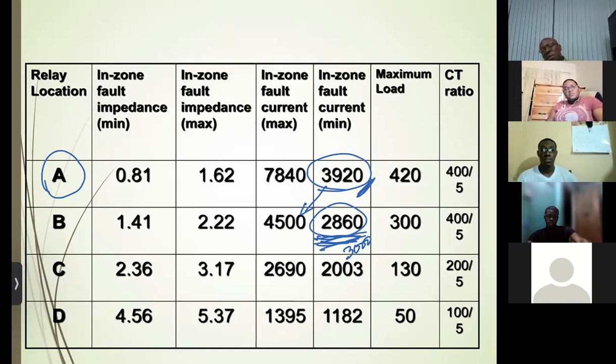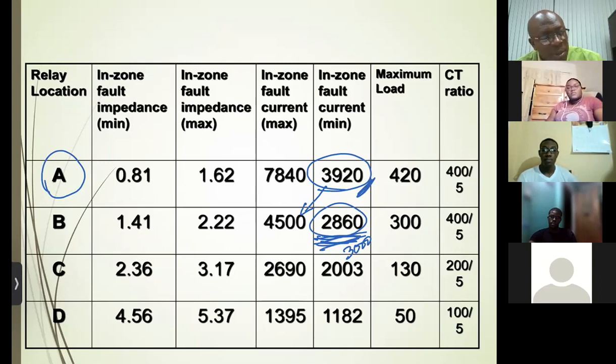So, big deal. B is the one they're sweating, but who cares? So A must be set in such a way that it will respond, albeit slower. It must respond. Remember, I gave you that example with the fire stations. All of them see the fault, but only the one closest to the fault should extinguish the fire.